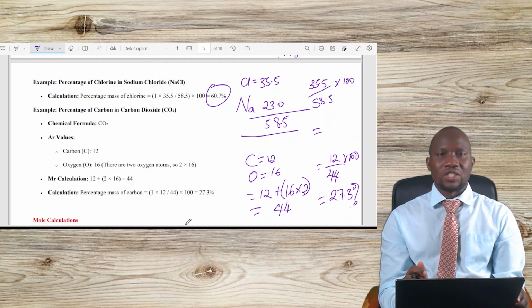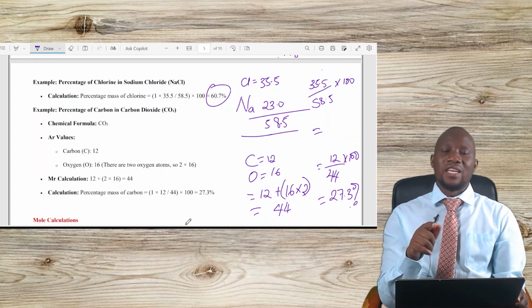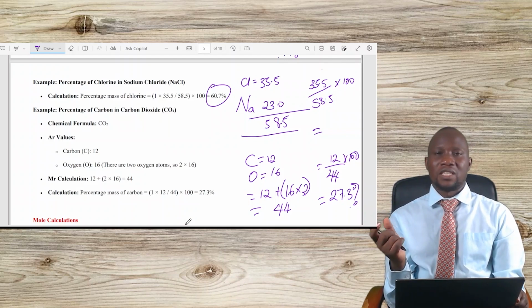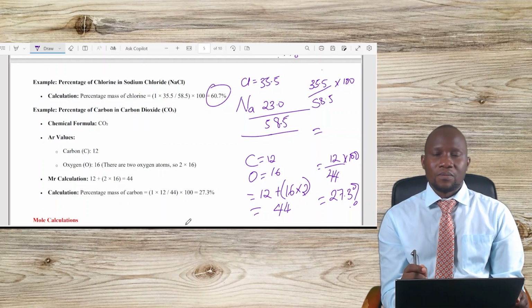Will the percentage change? The answer is no. The percentage will remain the same. But its mass within that particular mass that has been quoted is what can change.